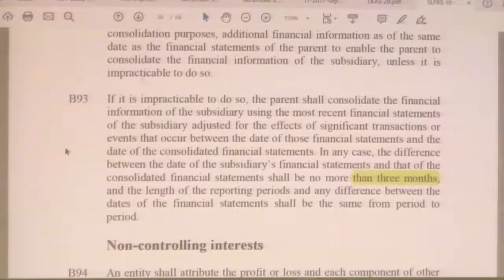In any case, the difference between the date of the subsidiary's financial statements and that of the consolidated financial statements shall be no more than 3 months.